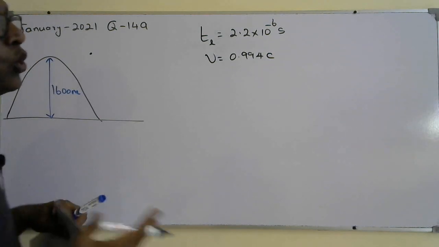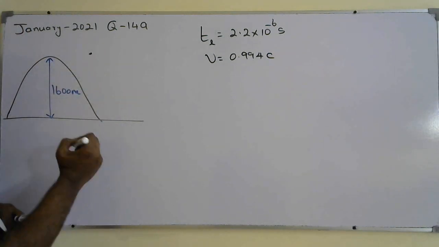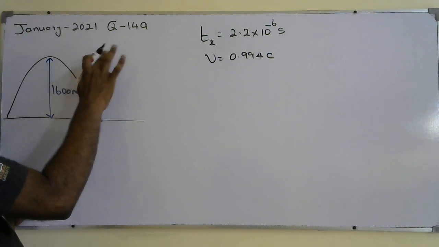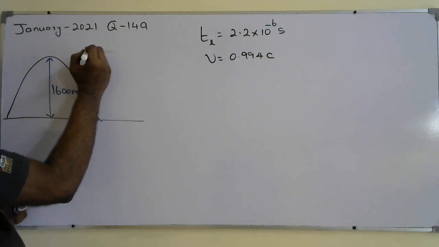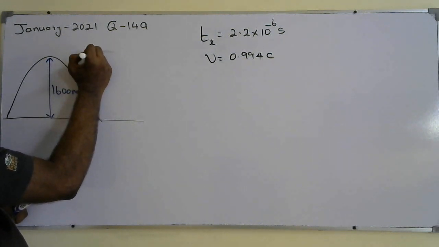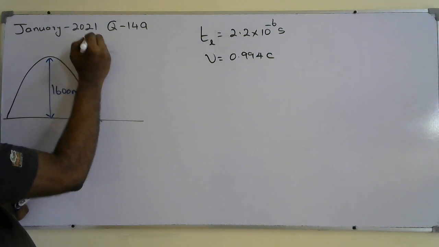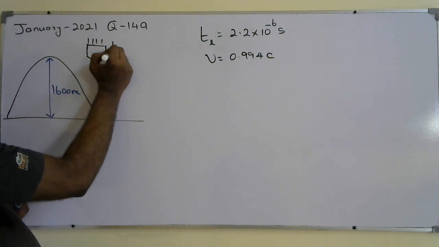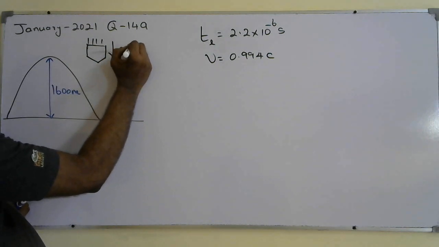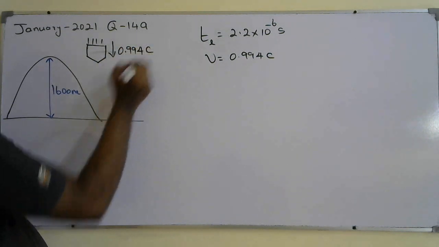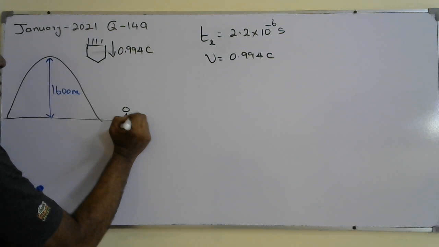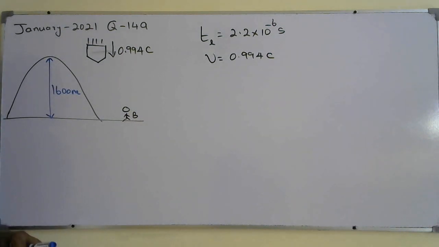So rather than thinking only of the muon falling down, I can imagine the muon is kept inside a rocket. This is the rocket. The rocket is moving at a speed of 0.994 C relative to the observer on the ground, who is observing these events.